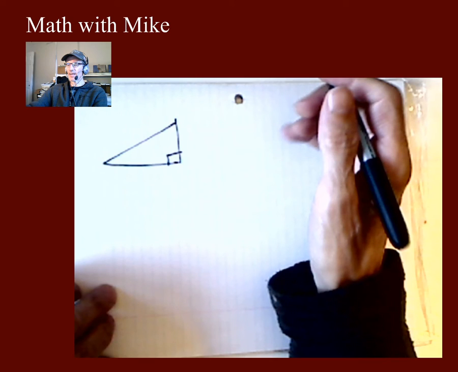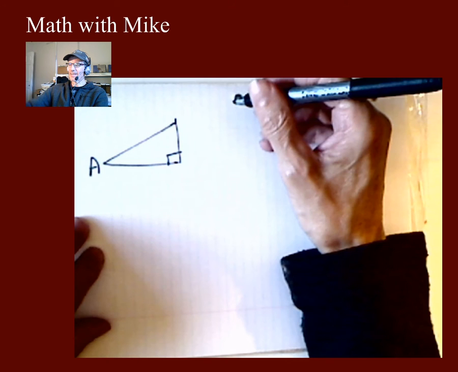The angle we're looking for, we'll call it A down there. Question is, how big is angle A? Well, I'm going to suppose that we are given that this side over here, whatever that side may be called, is a 12. And I'll say that this side over here is a 24.